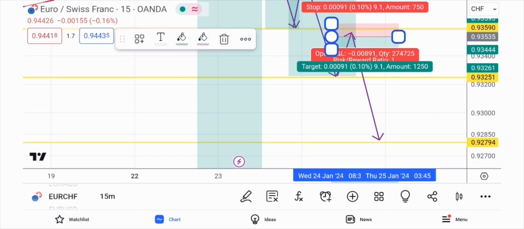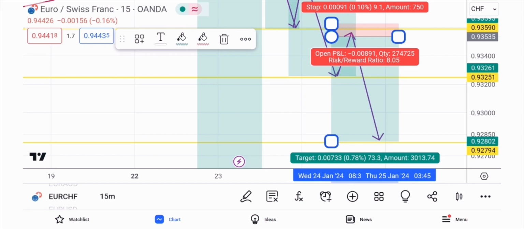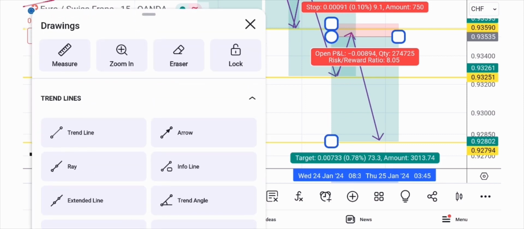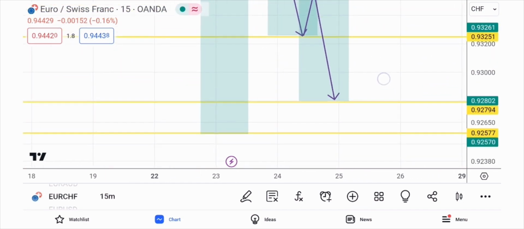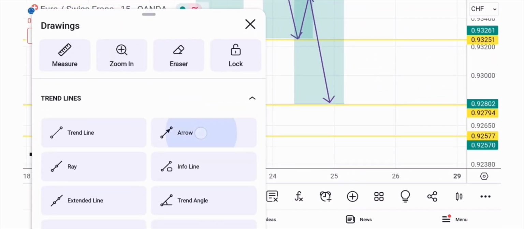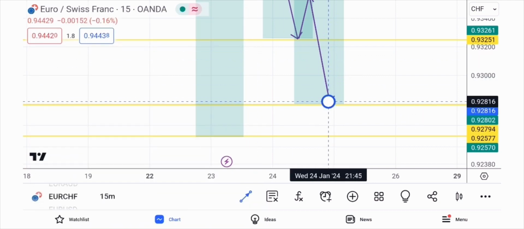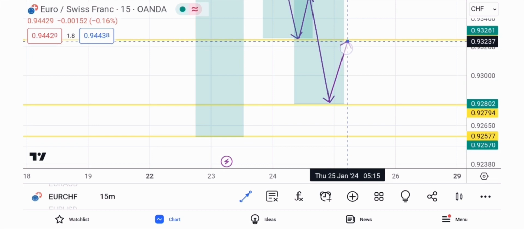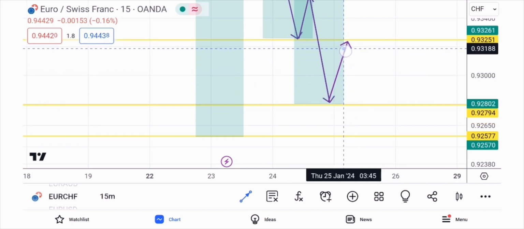And your stop loss must always be above your previous zone or below your previous zone, depending on which direction you took, right? And then after taking the profit, it does the same thing. Remember, the market always repeats what it did previously.